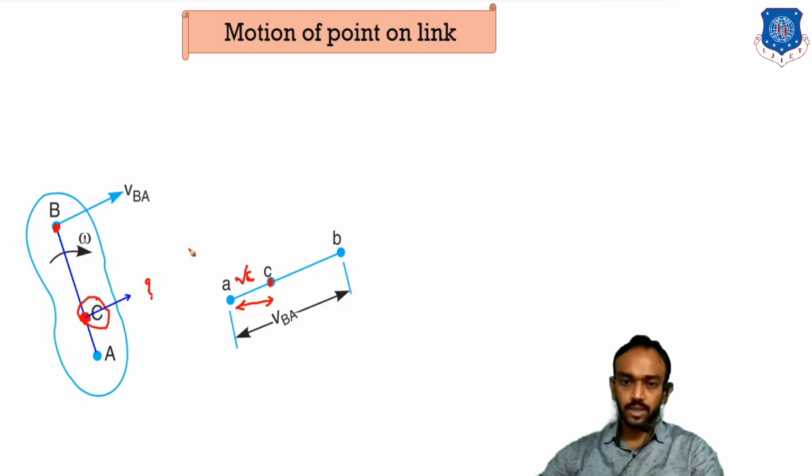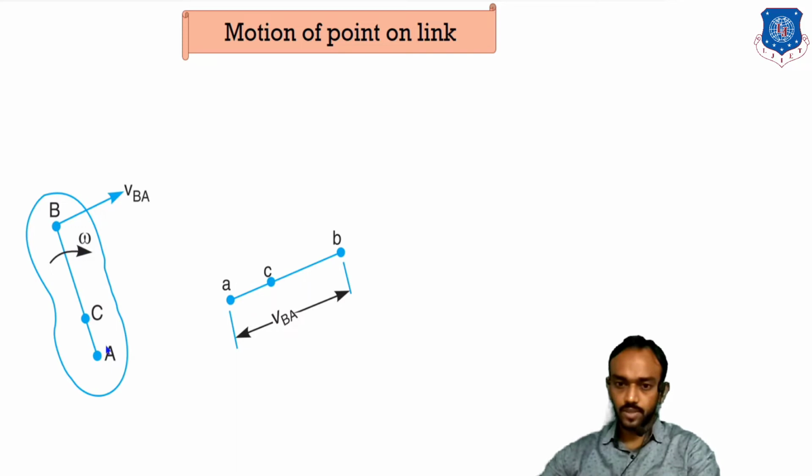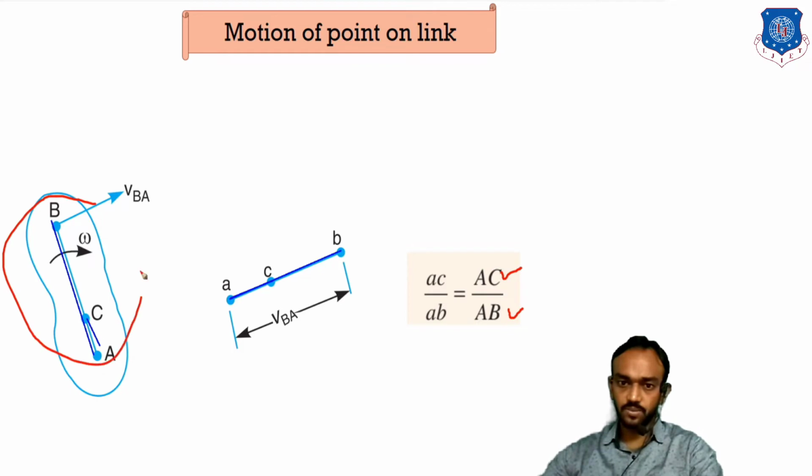So where will C be? You have to take this relation: AC divided by AB in the velocity diagram equals AC divided by AB in the space diagram. Check this out. You already know AC and AB in the space diagram, because you have drawn that. So the AB and AC distances are known.